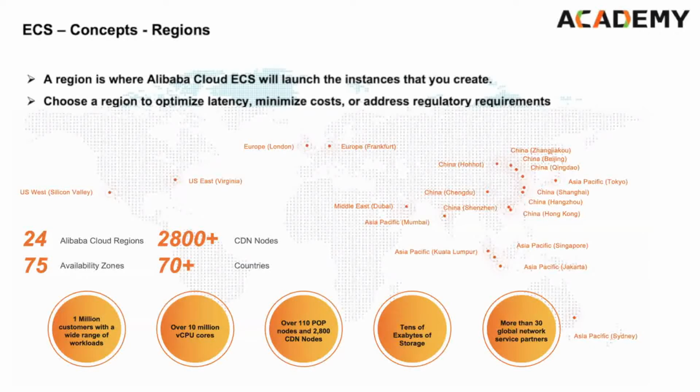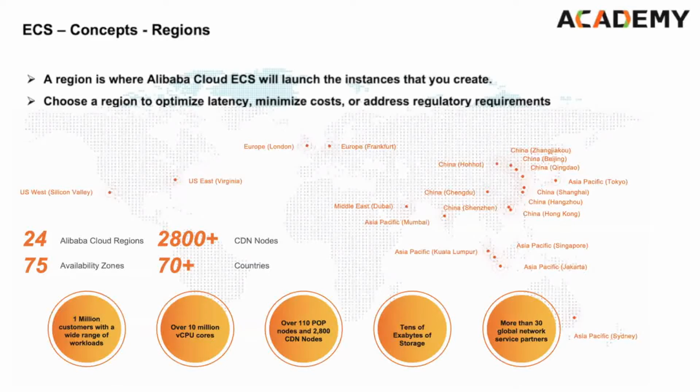It has more than 1 million customers with a wide range of workloads, over 10 million virtual CPU cores, 110 POP nodes and 2800 content delivery network nodes, or CDN nodes. The storage extends up to tens of exabytes, and more than 30 global network service partners are available as of now.